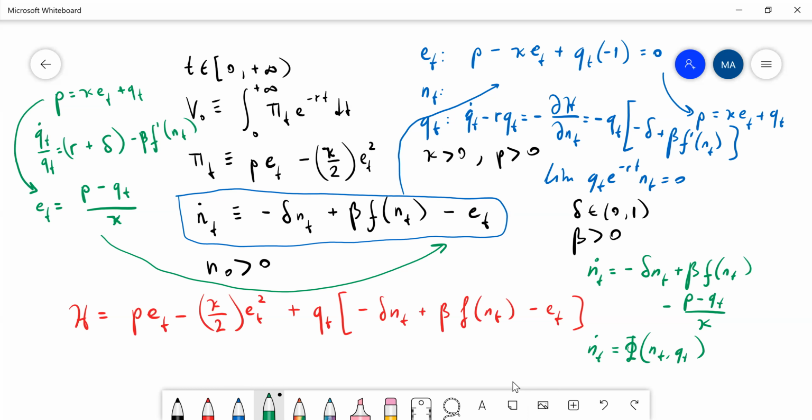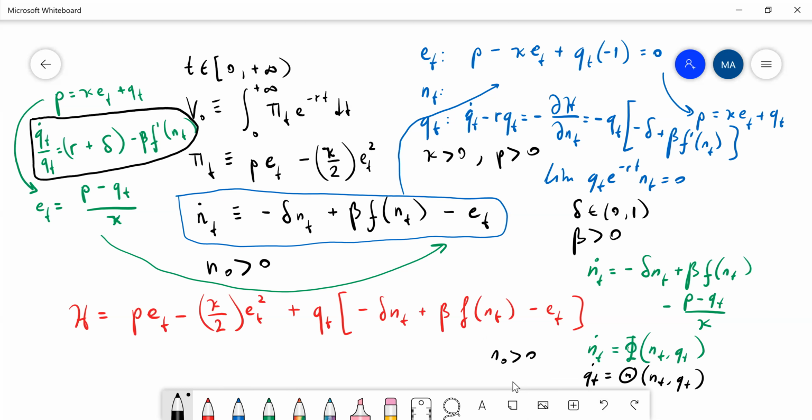Then you have this equation, and that's also a differential equation that you can write in this way. Theta NT QT. Then again, you have the initial value and you have the dynamical system.